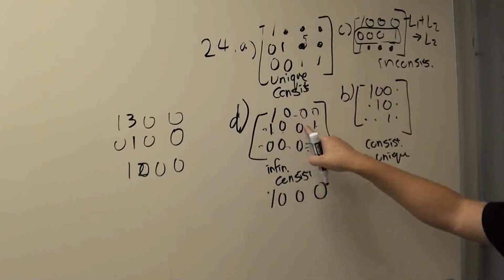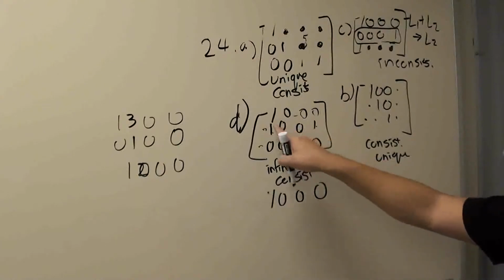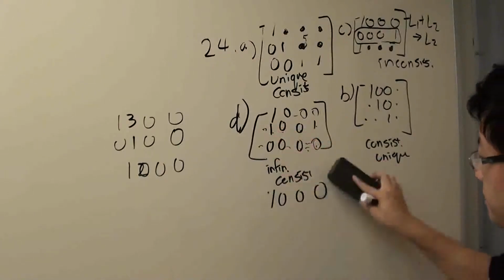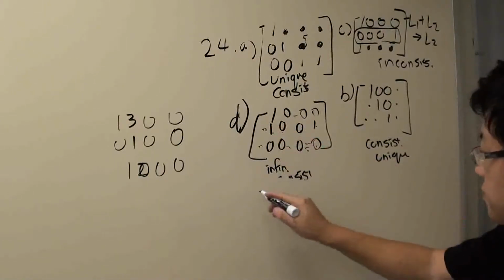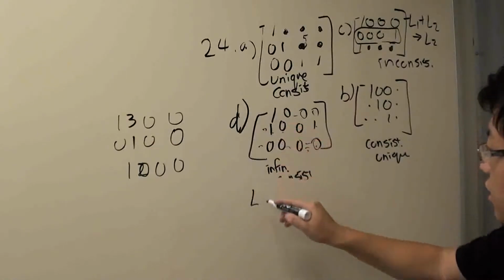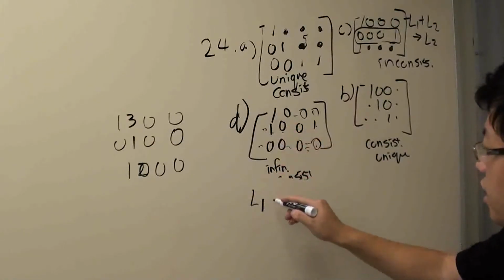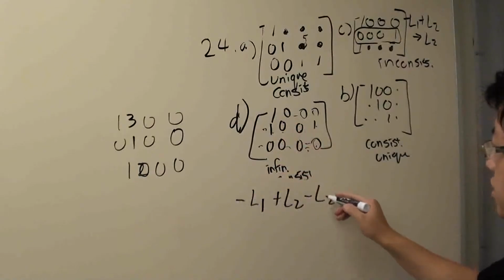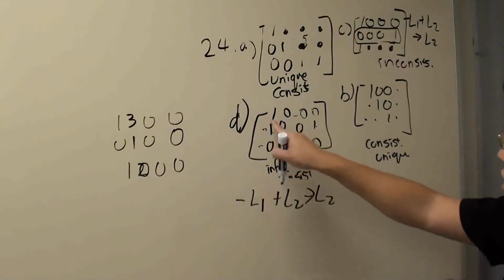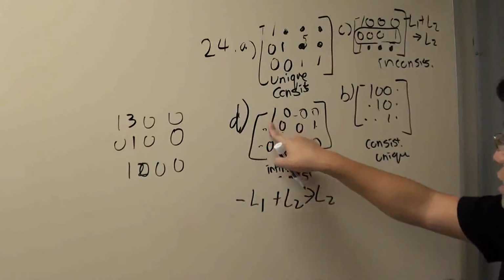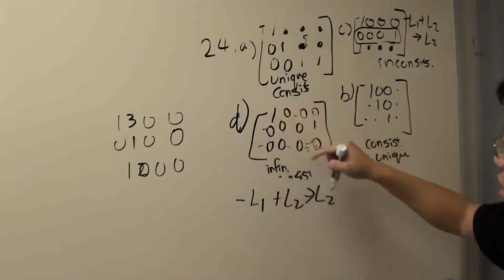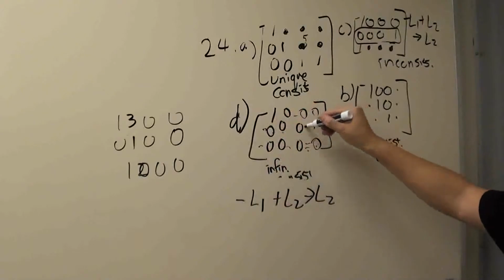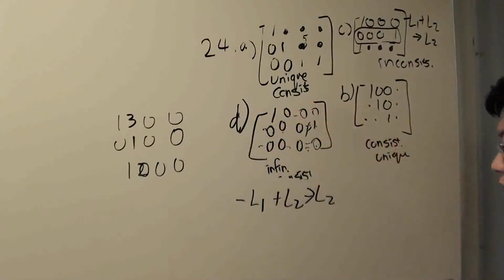Do you see the problem for this? So let's say I did line 1 negative plus line 2 equals line 2, right? So if that's the case, that's going to be 0. Uh-oh. Inconsistency, right?